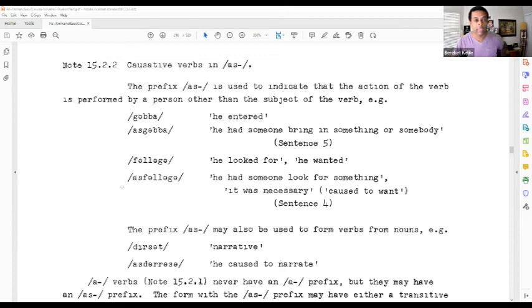Looking at the first example, we have gaba, which is he entered, and then asgaba, he had someone else bring in something or somebody. So he is still the subject of the verb, but the action is being performed by someone else. Falaga, he looked for, he wanted; asfalaga, he had someone look for something.